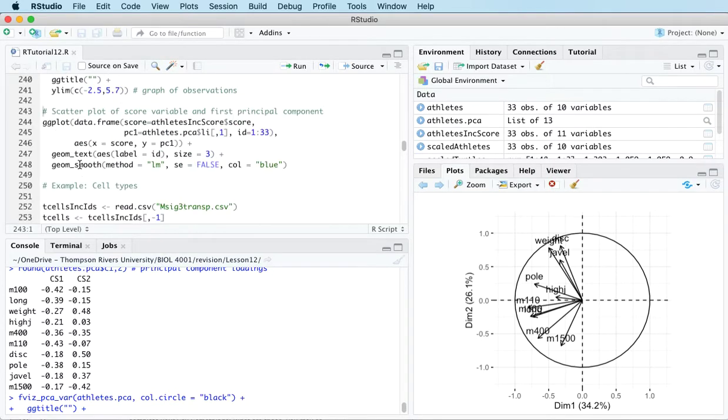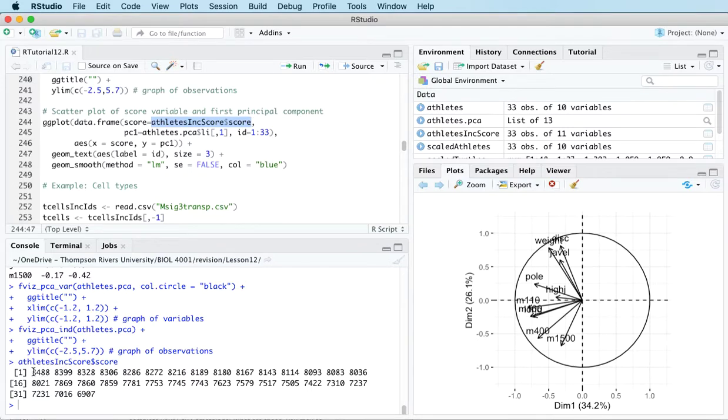Okay. So that takes us as far as we can go in terms of the principal component analysis. We can push this particular example a little bit further though, because we happen to have another variable, this one here. This variable is the overall score of these particular athletes in, I think, one of the Olympic Games.